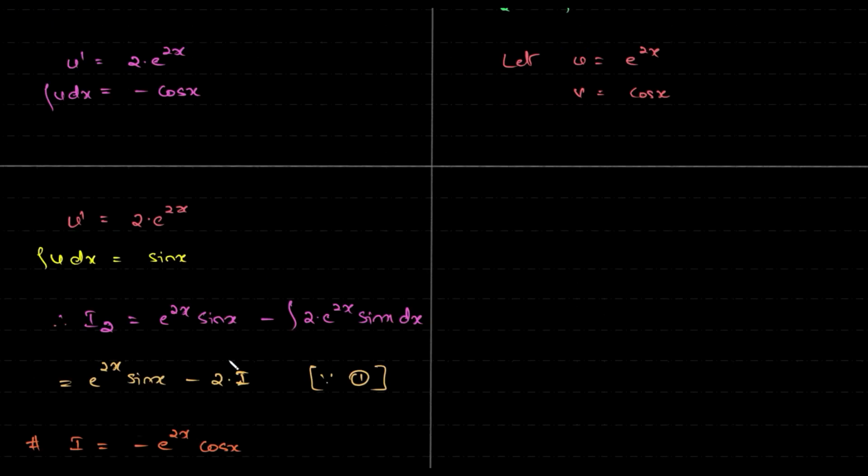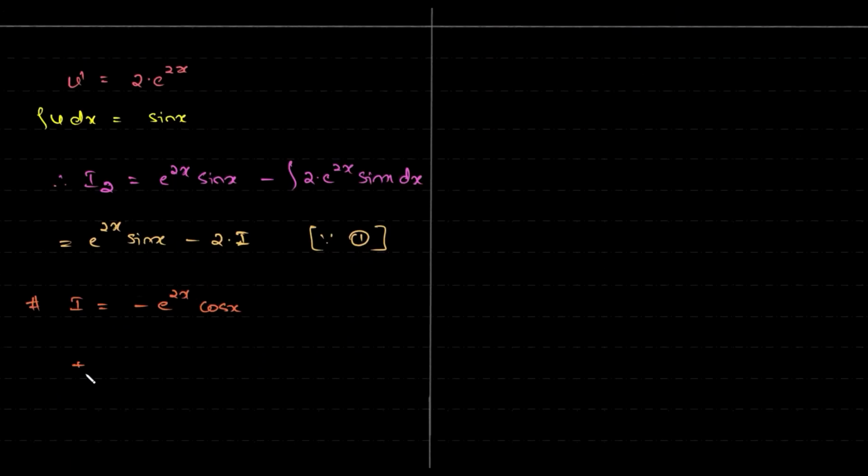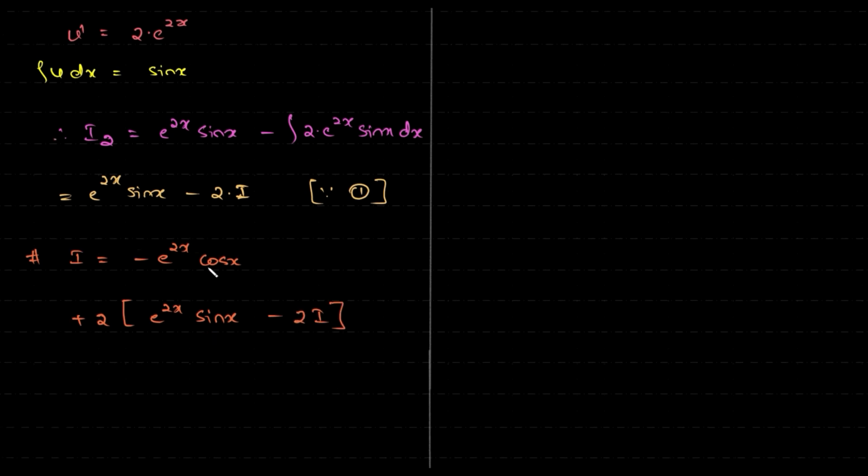Plus 2 times of I2, which is e to the power of 2x sin x minus 2I. I told you, right? 2 cycles. So we have a bit of math over here: minus e to the power of 2x cos of x plus 2 e to the power of 2x sine of x minus 4I.